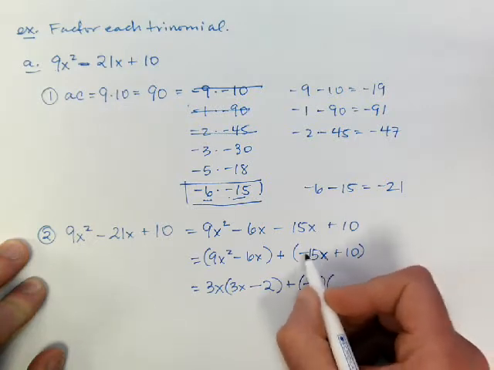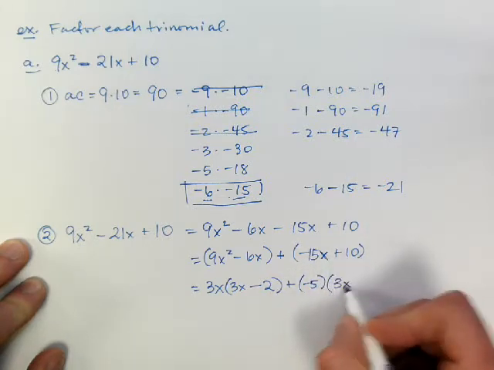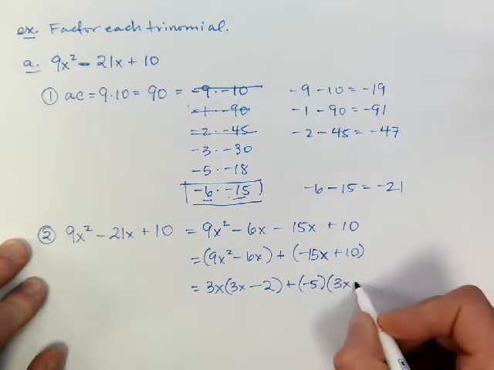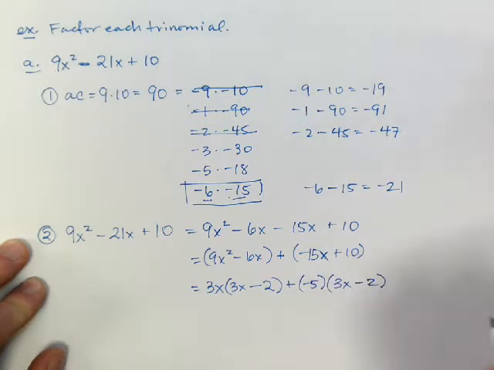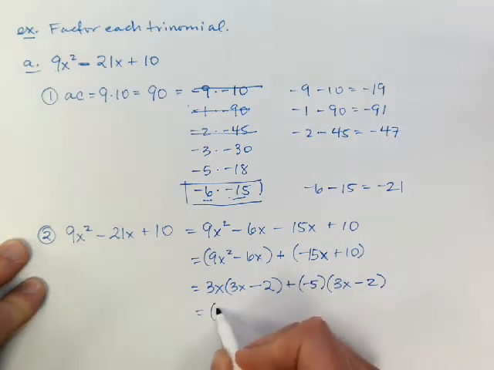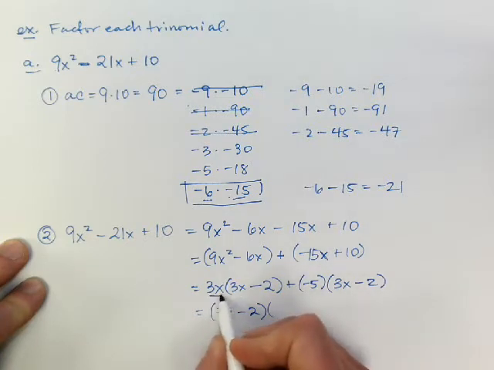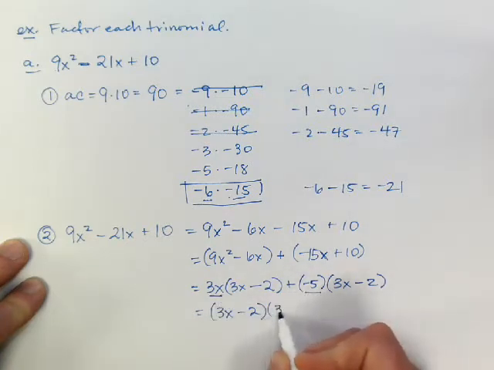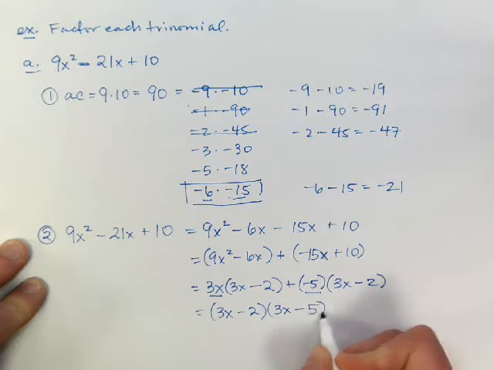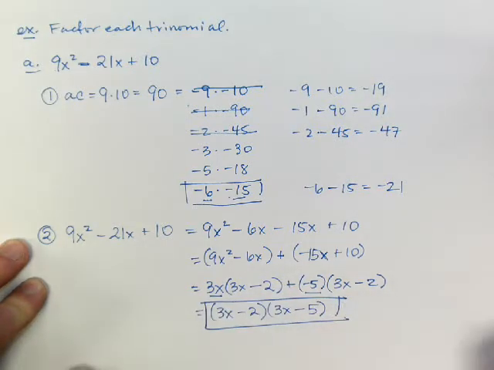If I divide minus 15x by minus 5, that leaves a positive 3x, and 10 divided by negative 5 is negative 2. Perfect. Now we just factor out the common factor of 3x minus 2, and the leftovers are 3x and negative 5. That's our factorization.